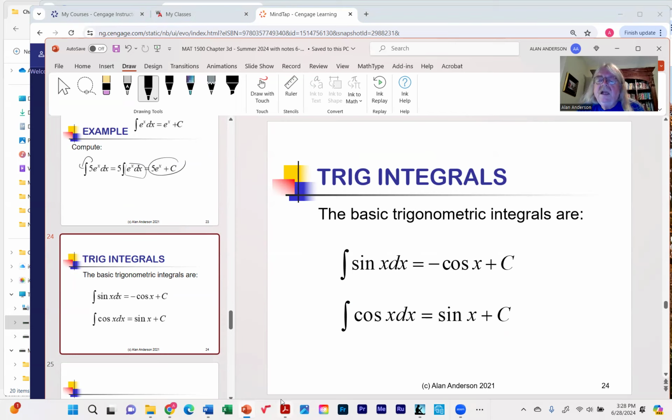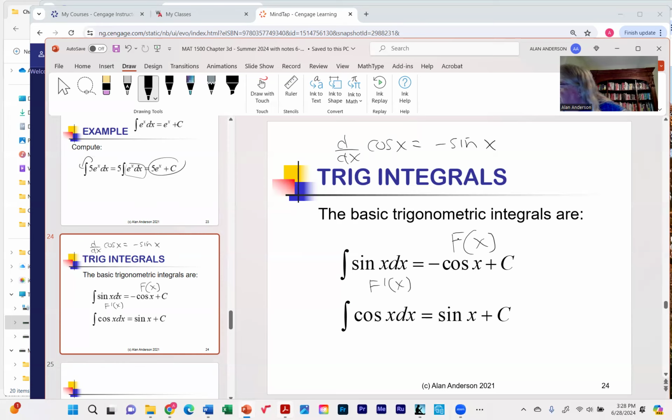Now, again, the reason behind this is because f prime of x in this case, if you remember, that gives me negative sine x. And then we also saw that.